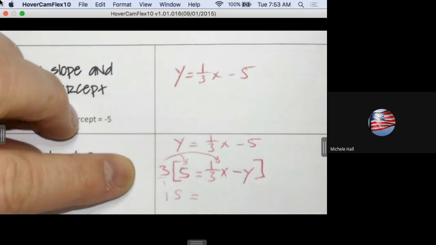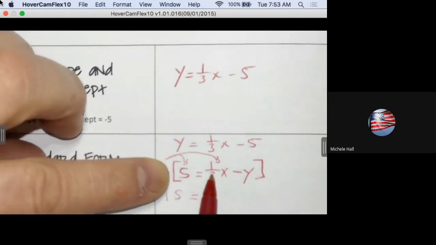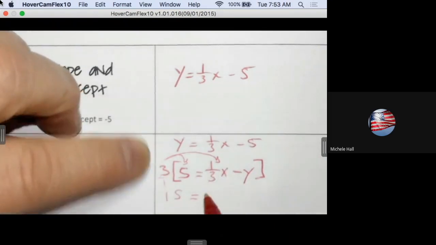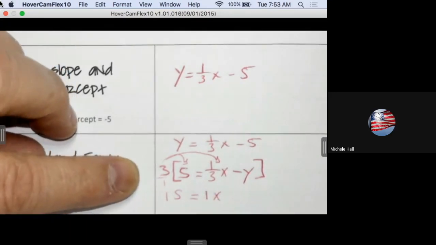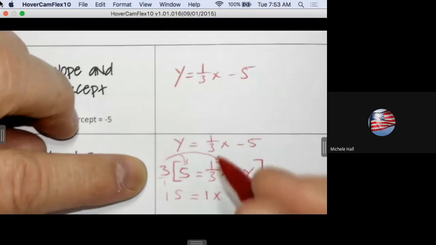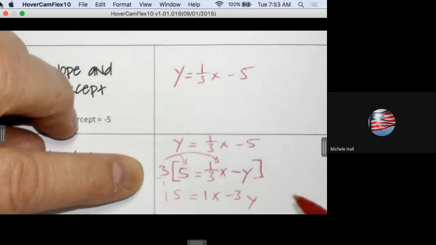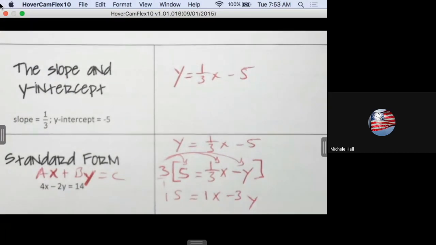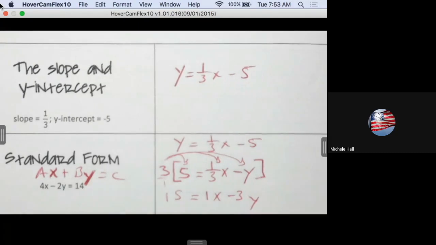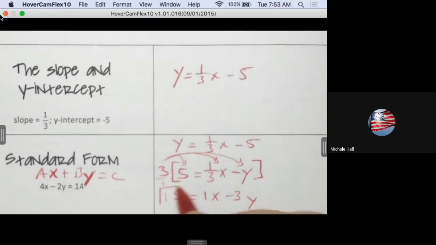If I make that a fraction, that's canceling numerator to denominator, and we're left with 1x. And then we have 3 times -y, which equals -3y. All right, now we're golden. My x is positive. It's not a fraction, and it doesn't matter about the sign of y. Y is not a fraction. That's it. That's standard form.